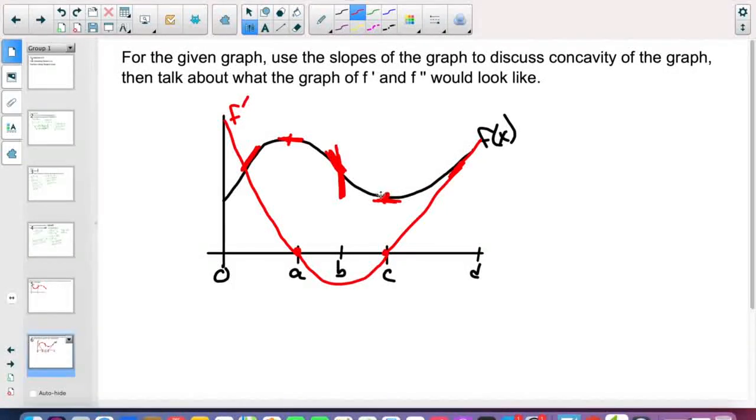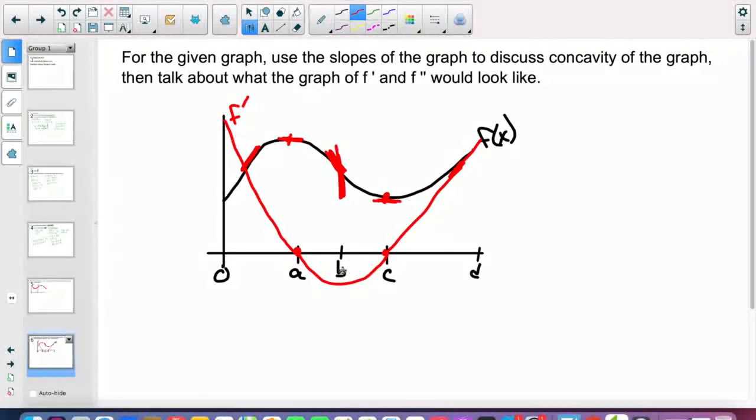Notice one thing: it looks to me like the point of inflection would be about here at B. And look at the f prime graph. It looks to me like that's where my minimum is for my f prime graph. Another thing I notice is this function has 2 curves, so doesn't that mean it would be an x cubed graph, a cubic function?